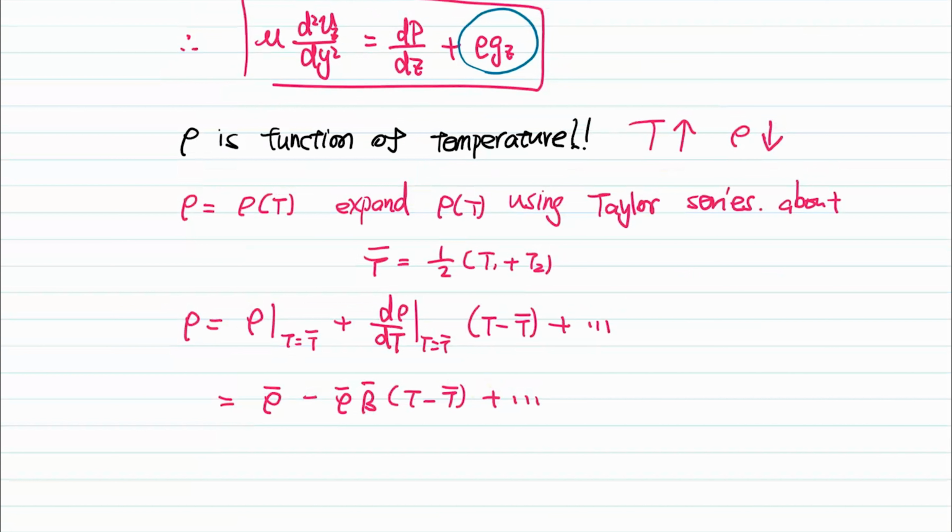Here, beta equals 1 over V times partial V partial T at constant pressure.